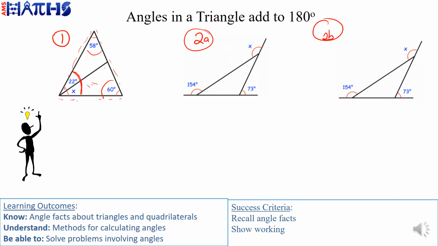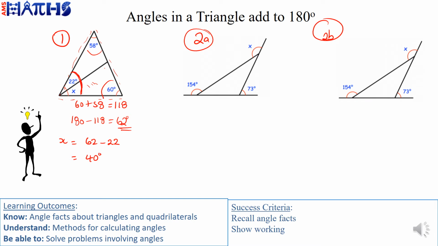So we're going to do 60 plus 58, which is 118, and then we'll do 180 minus 118, which is 62 degrees. This 62 degrees is representing the angles 22 and x. So to get x, what we'll have to do is 62 minus 22, and that's going to give us 40 degrees. So the value of x is 40.